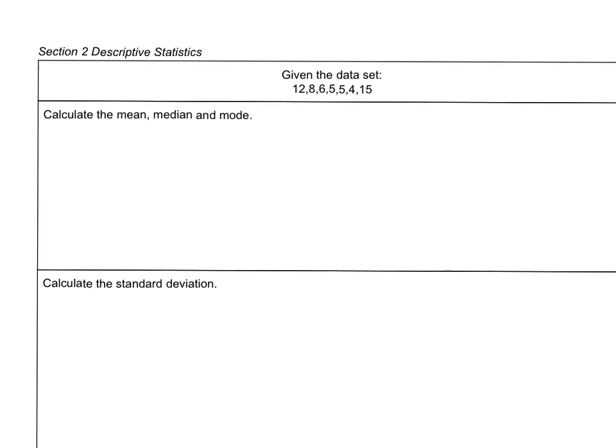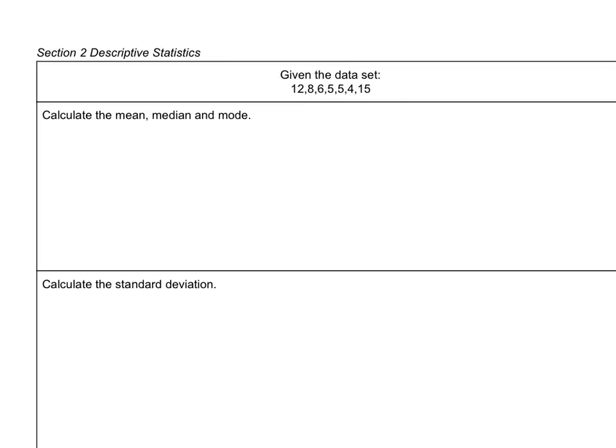So section 2, we talked about mean, median, mode, and standard deviation. First I'm going to calculate mean, median, and mode. I'm going to start with mean. To calculate the mean, you add up all of the values and divide by the total amount you have.